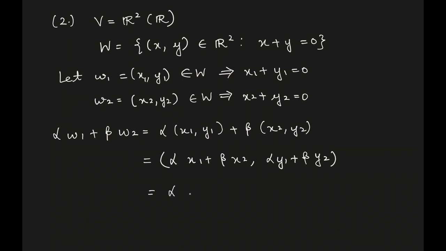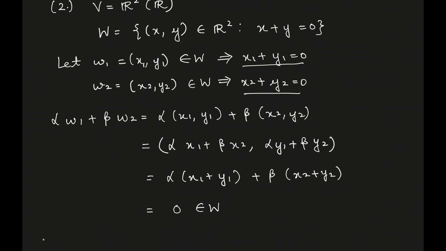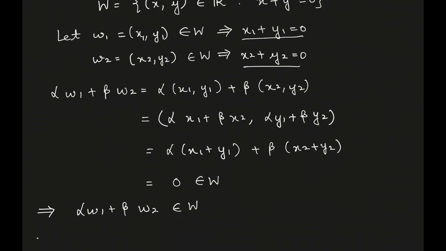This can be written as alpha (x1 plus y1) plus beta (x2 plus y2). Now x1 plus y1 is 0 and x2 plus y2 is 0, so this will be 0, and 0 belongs to W. This implies alpha w1 plus beta w2 belongs to W. So W is a subspace of V.